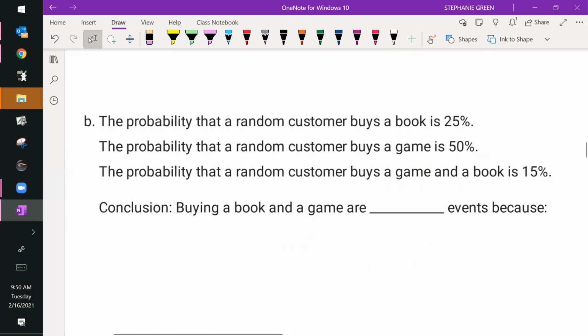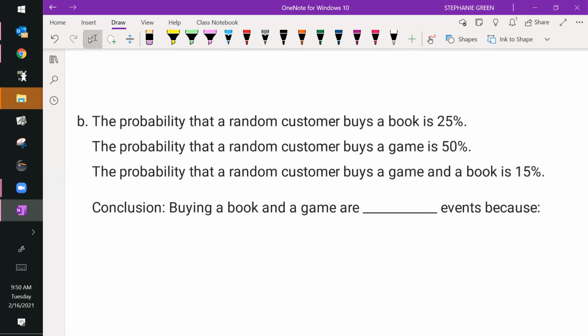All right, here. It says the probability that a random customer buys a book is 25%. So the probability of book is 25%, as a decimal is 0.25. The probability that a random customer buys a game is 50%. So the probability of game is 50%, as a decimal, which is 0.50.